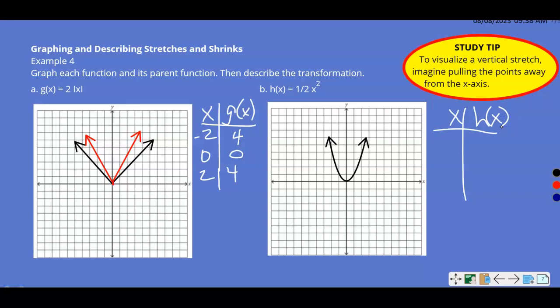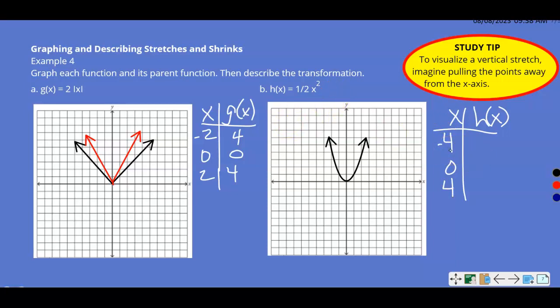This is going to be multiplied by 1/2, so we should do multiples of 2. Let's just do -4, 0, and 4. We could have done -2, but then it's going to be halved anyway, so it's going to be smaller.